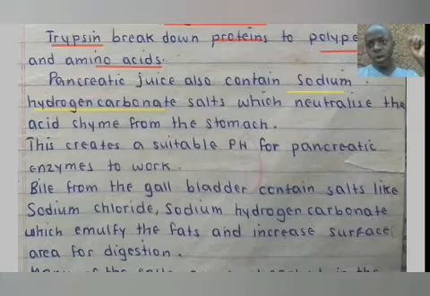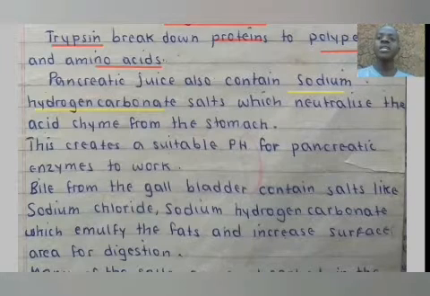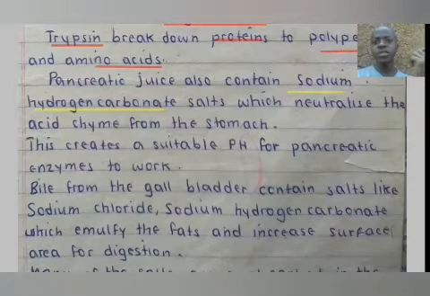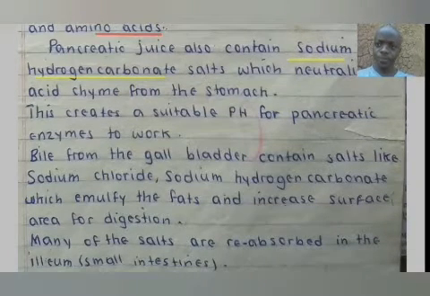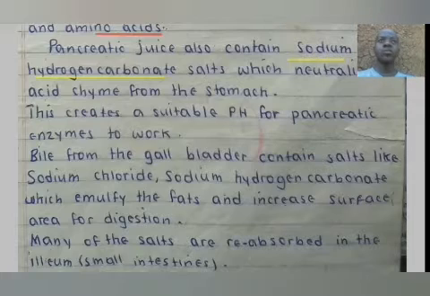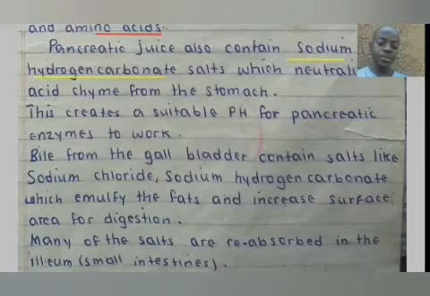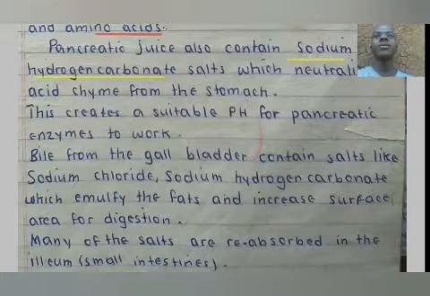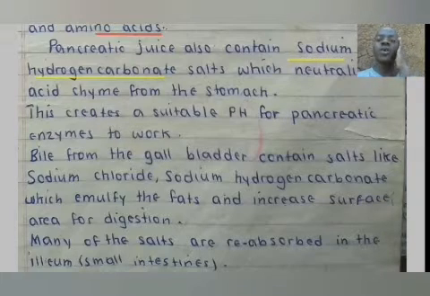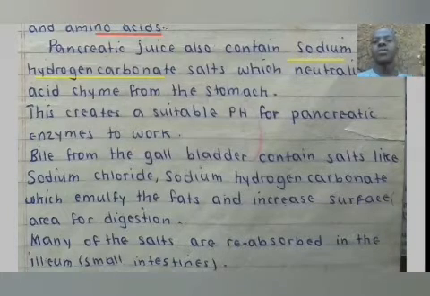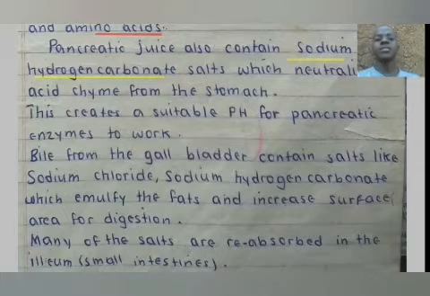So it is neutralized by the sodium hydrogen carbonate that comes from the pancreatic juice with the enzymes. So it creates a suitable pH for pancreatic enzymes to work, because these pancreatic enzymes work well in alkaline medium. That's why the sodium hydrogen carbonate neutralizes the excess acid, because it is an alkaline.